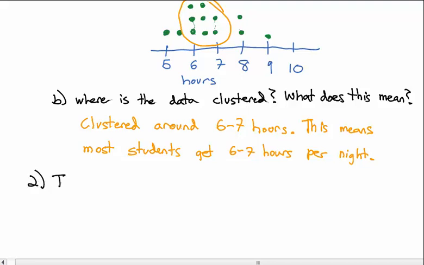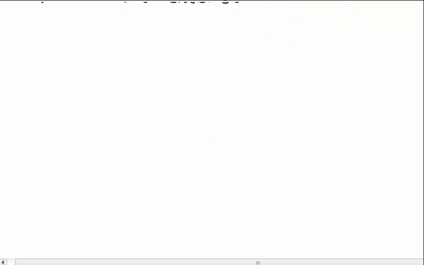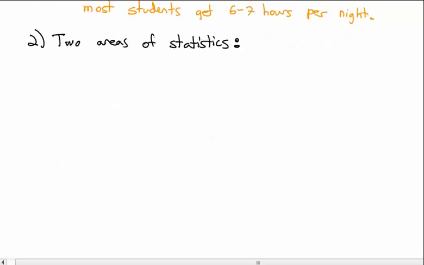There are actually two areas of statistics that we are going to look at in this course and that exist in the entire field of statistics. The first area is what we call descriptive statistics.